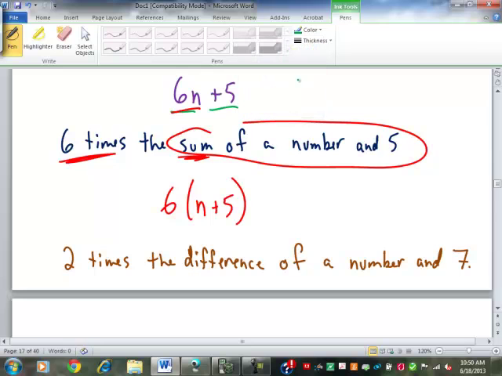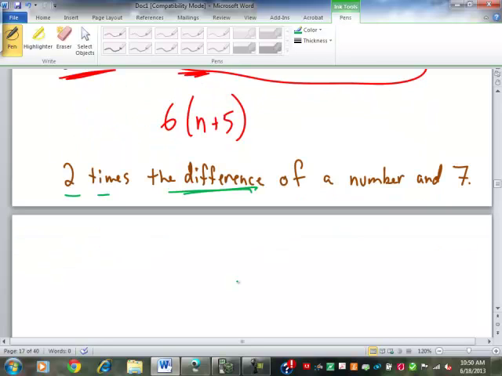Same thing. 2 times the difference means we found the difference first. We subtracted first. So the difference of a number and 7, since it's a number and then 7, means it's n minus 7 or x minus 7. And then 2 times that difference means we put it in parentheses. It's 2 times.